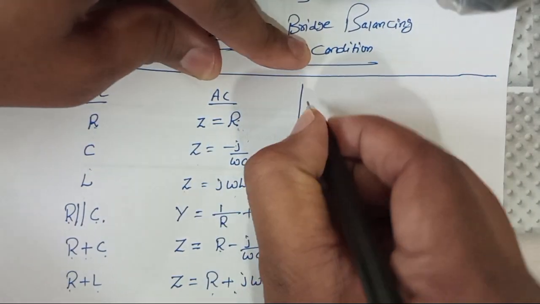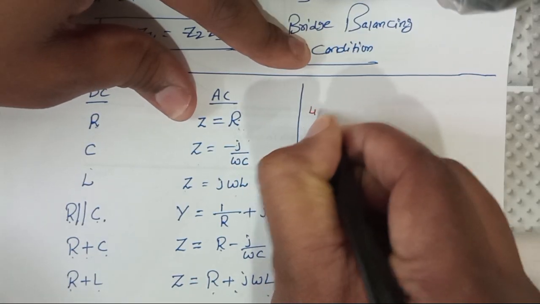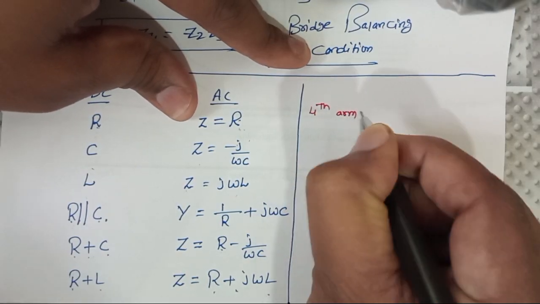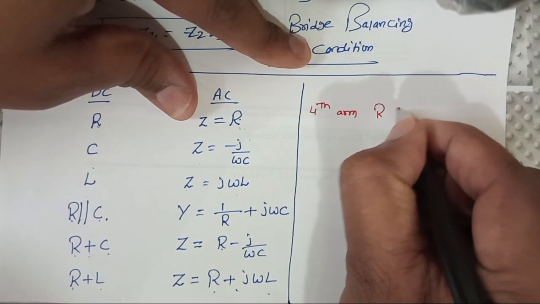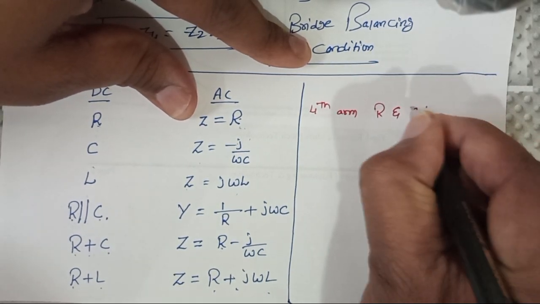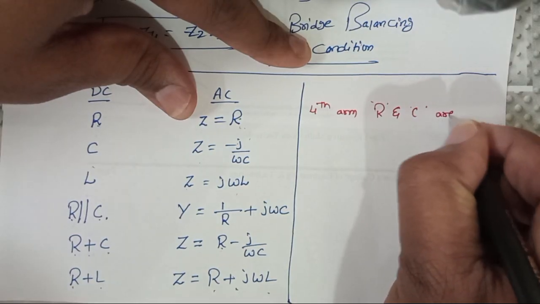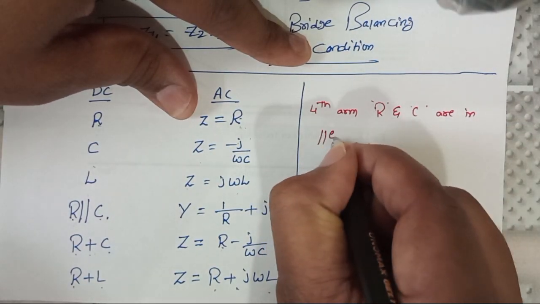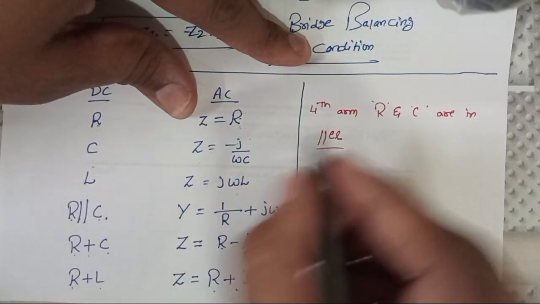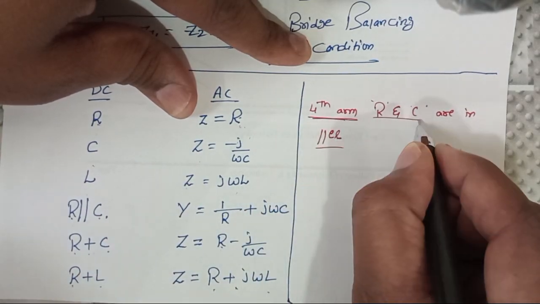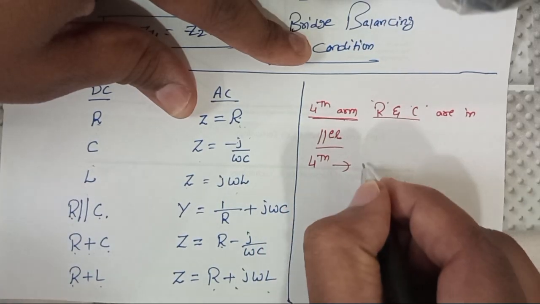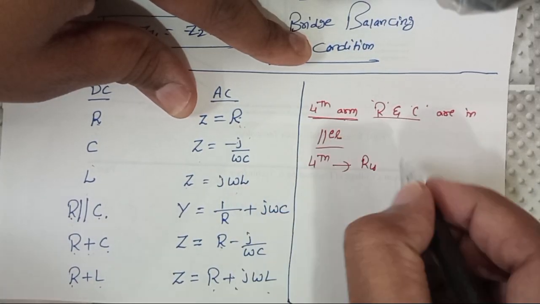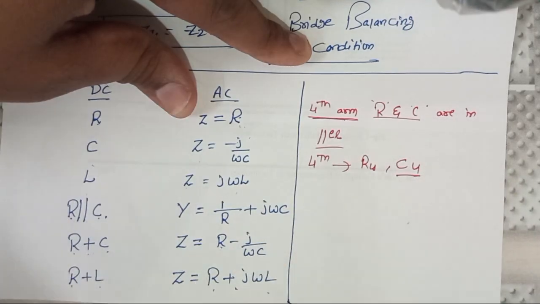For example, if in the fourth arm, R and C are in parallel, then R can be represented as R4 and C as C4.